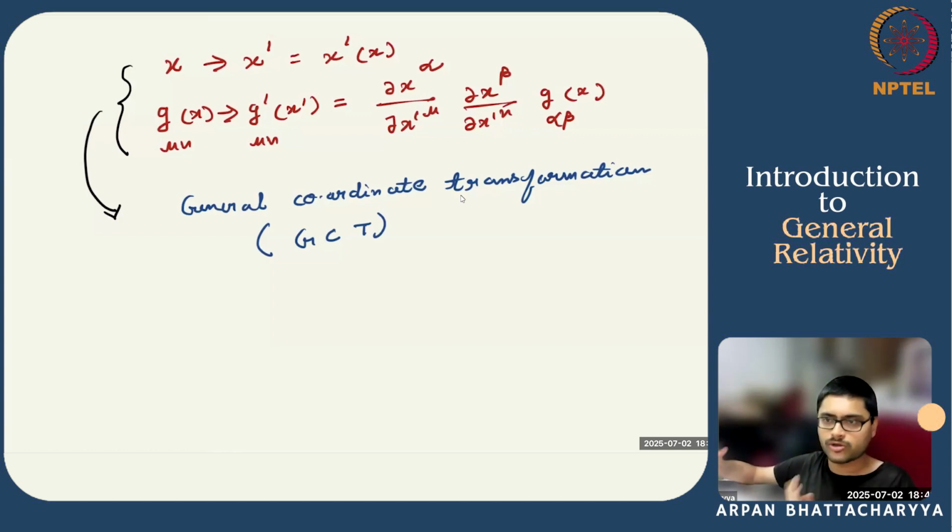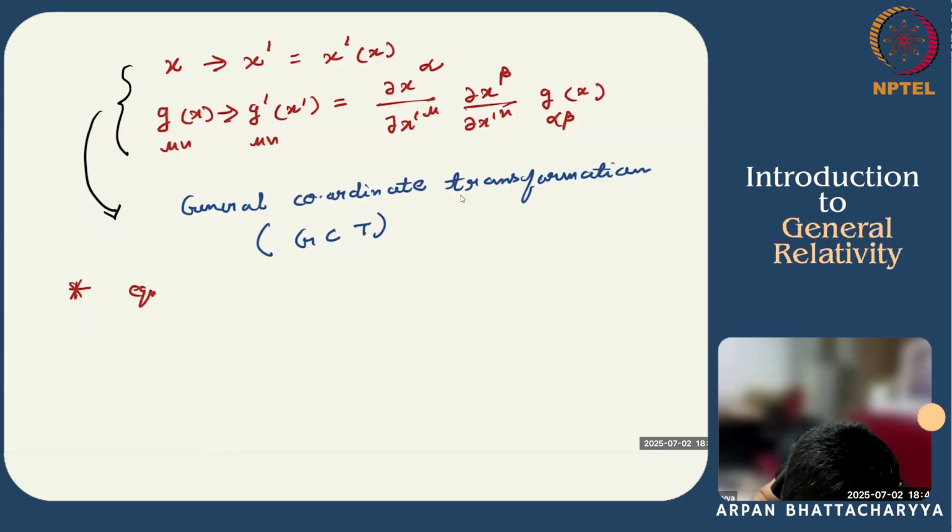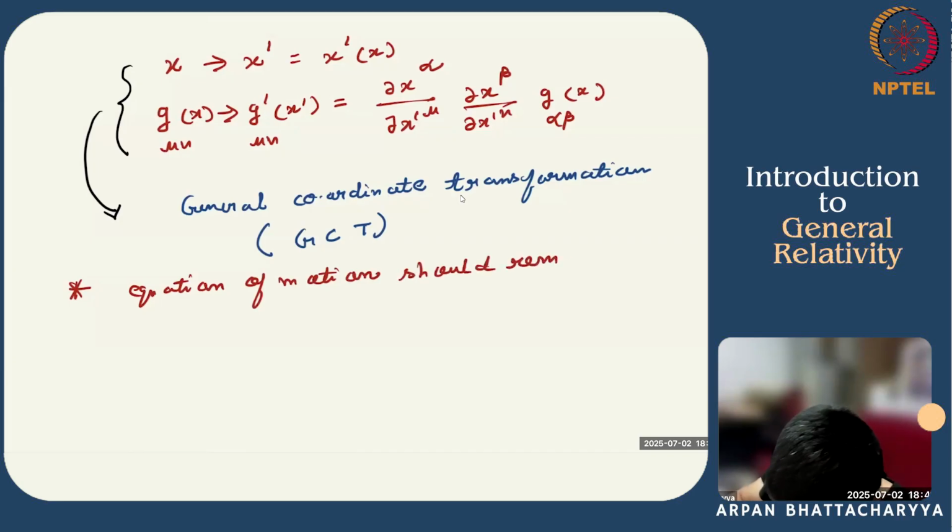That means the equations or laws should be invariant under the general coordinate transformation. The equation of motion would remain invariant under GCT.